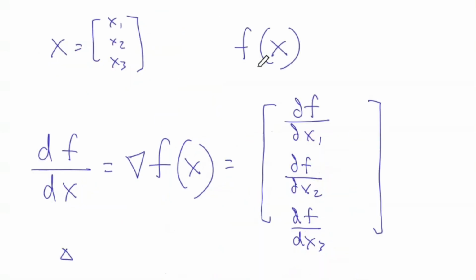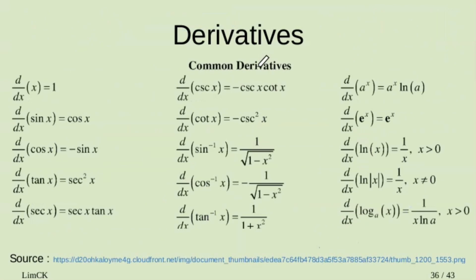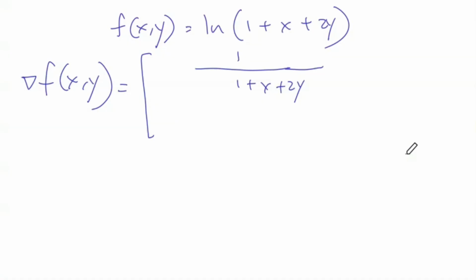Refer back to this one: when you derive ln x, you get 1 over x. So for this one, you derive it and get 1 over 1 plus x plus 2y. This is deriving over x. Then deriving over y, you get the same thing, 1 over 1 plus x plus 2y.